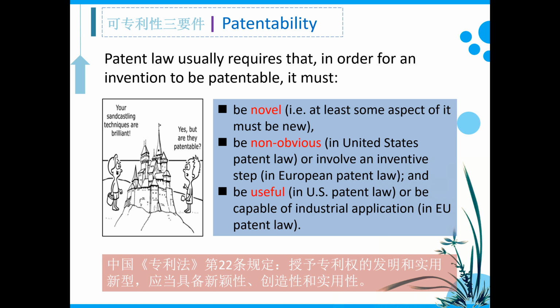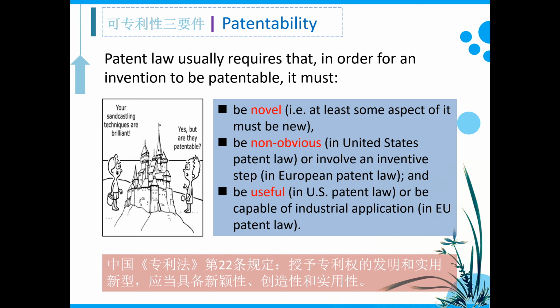Number 2. The invention must be non-obvious. This is called the non-obviousness test, the term used in the US patent law, or involve an inventive step, the expression used in European patent law.